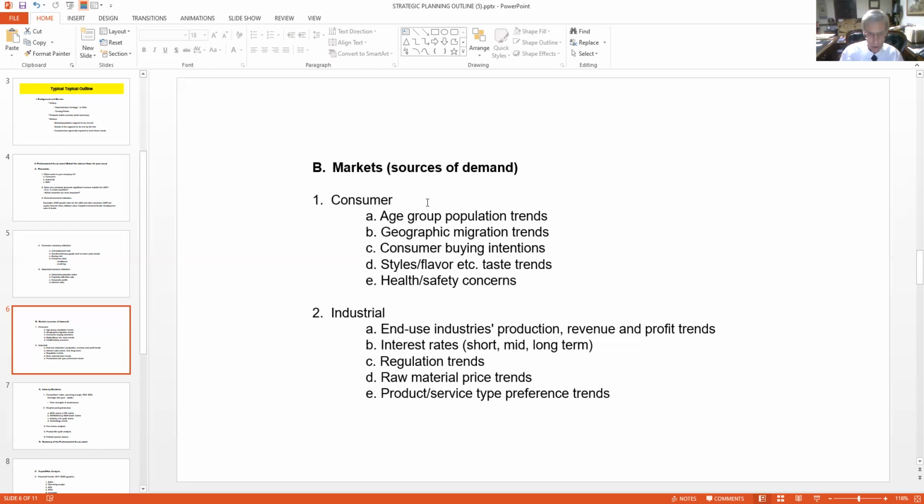So regulation trends clearly influence the demand for products, industrial products. Raw material price levels, if we're talking about Deere or Ford.